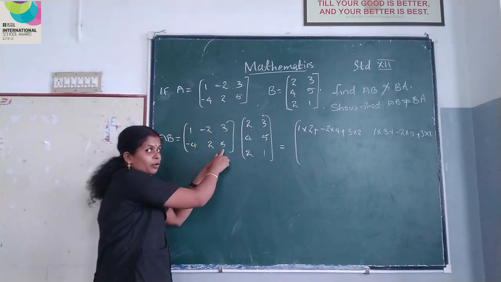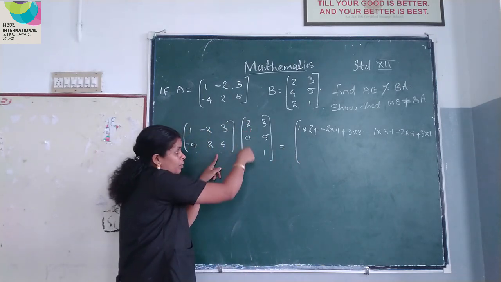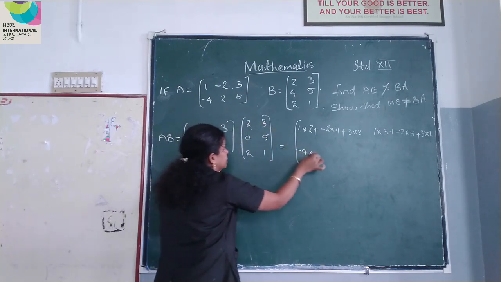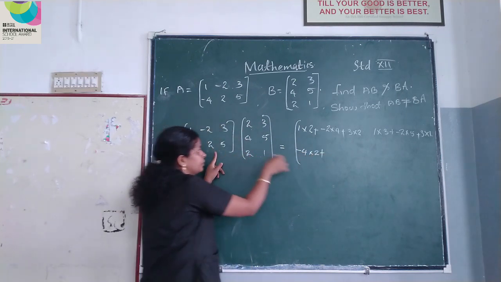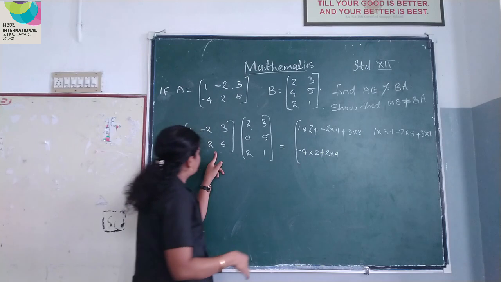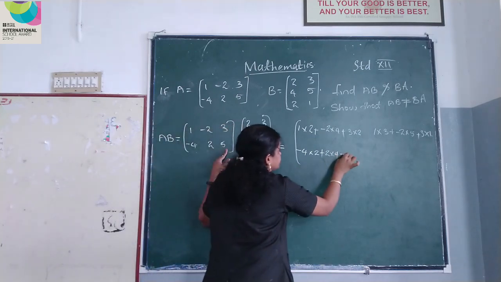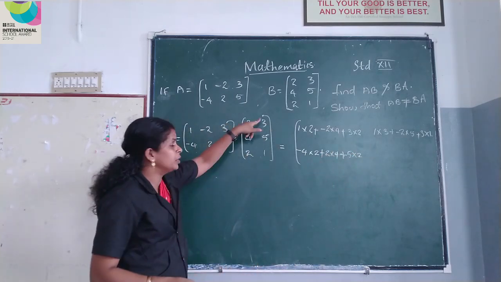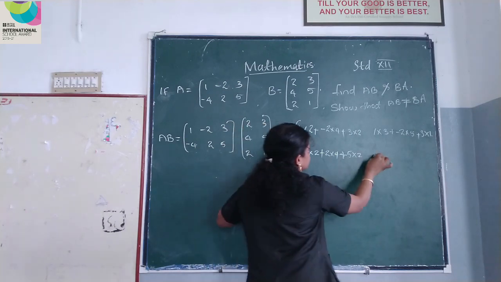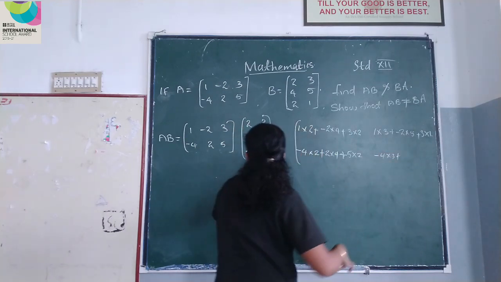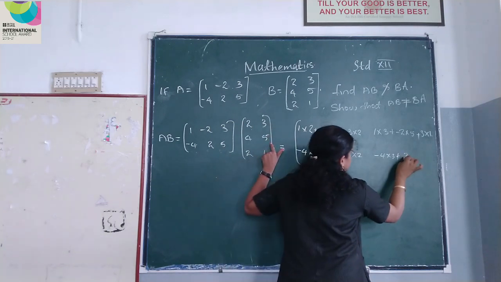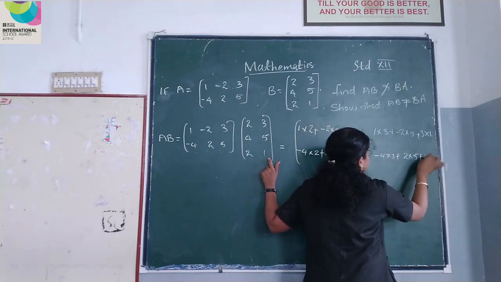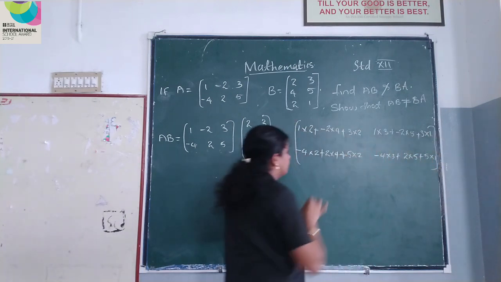We take the row of A and column of B. That means -4 into 2 plus 2 into 4 plus 5 into 2. The next, second row into second column. That means -4 into 3 plus 2 into 5 plus 5 into 1.